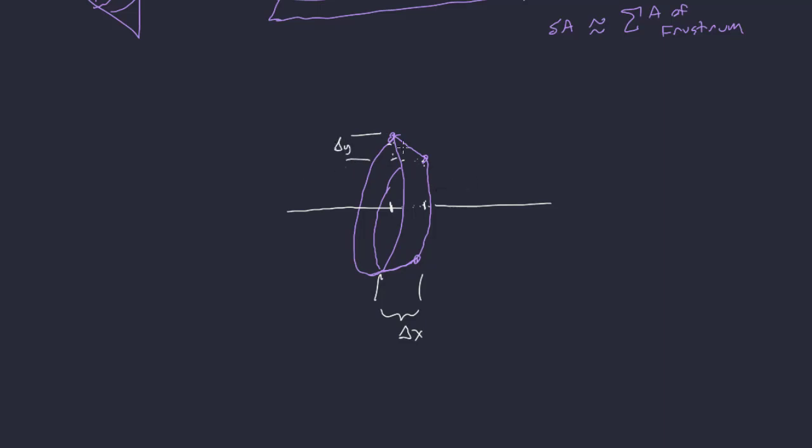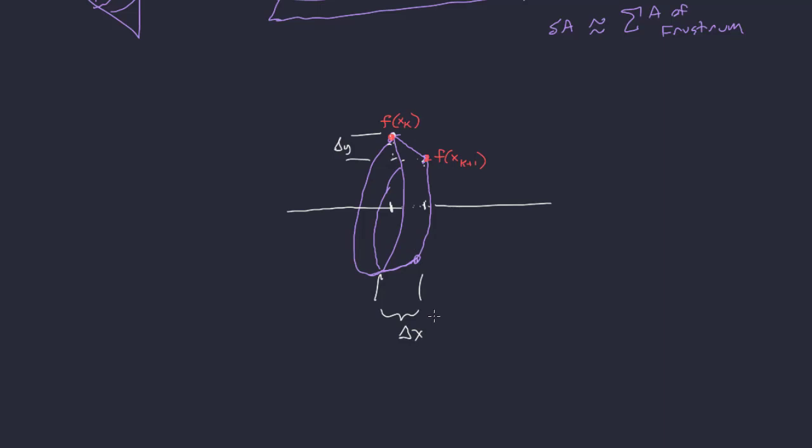I'm going to say that this is f of x sub k, and this is f of x sub k plus 1, right? So we're looking at different steps here.